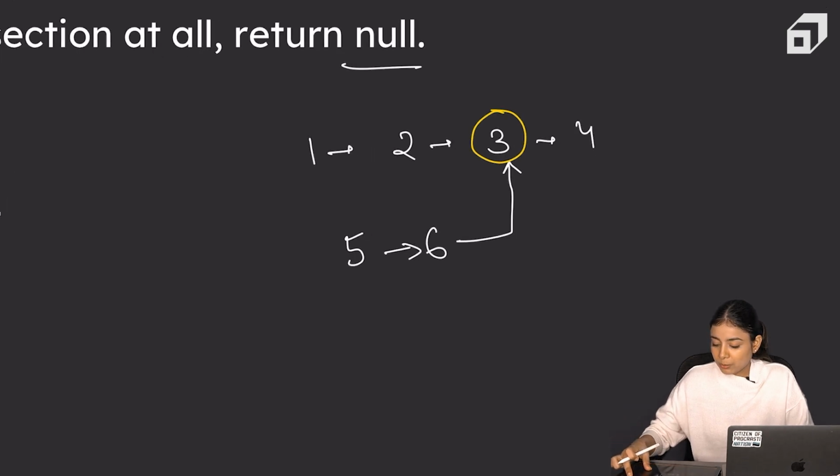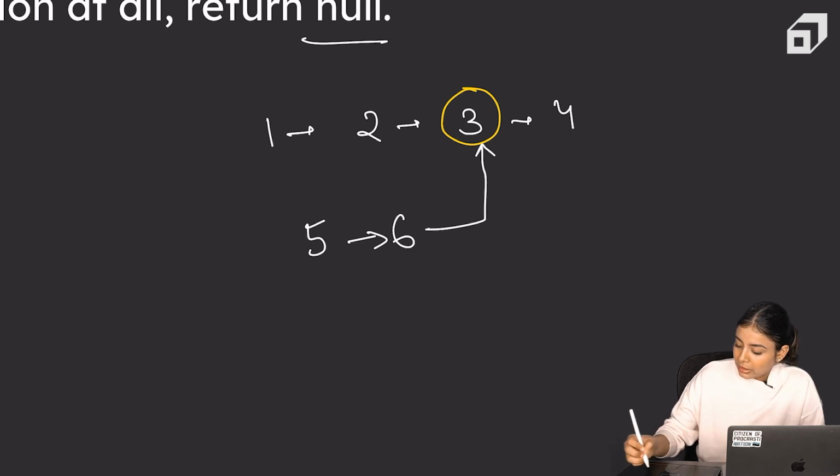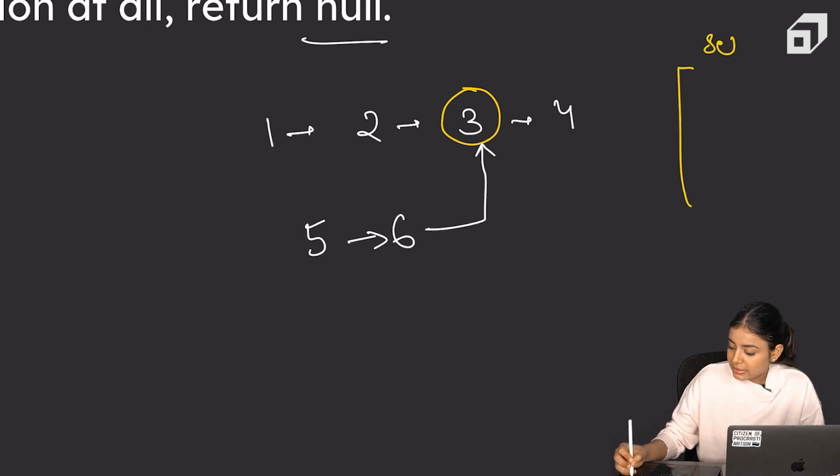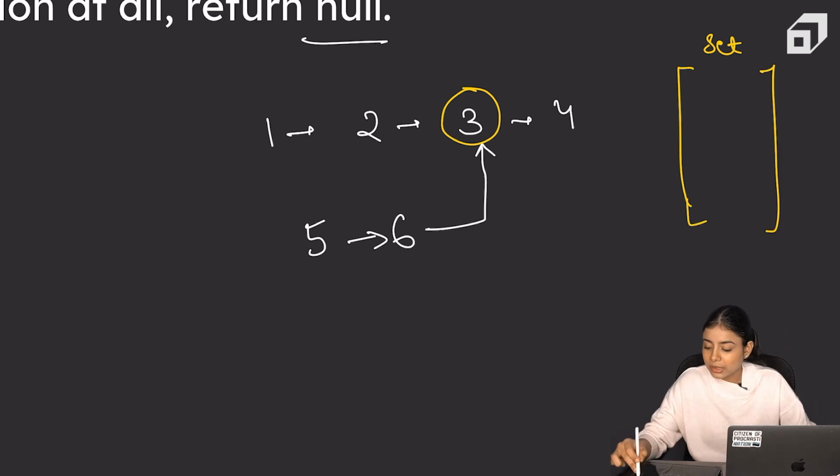intersecting. One approach could be if we can store the values or the nodes somewhere in some data structure of any one linked list, okay, and you've studied sets, then set is the data structure that would be most appropriate here. Let me tell you why.